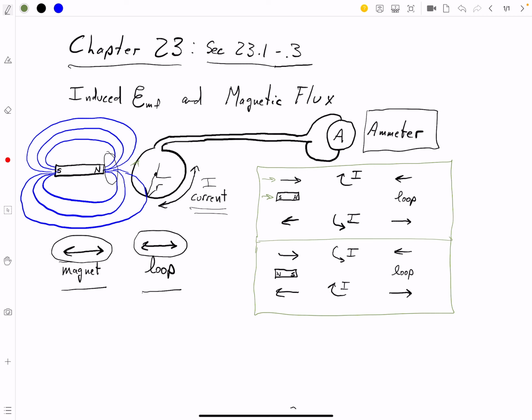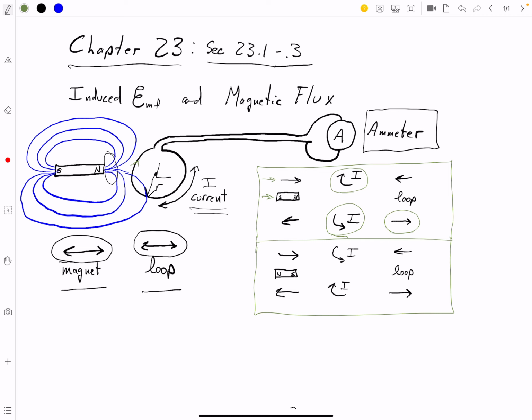That is equivalent to moving the loop to the left, and you'd still get this generated current. Now, if we're coming back out and reducing the magnetic flux, then the current goes backward, and that's the same as moving the loop to the right.